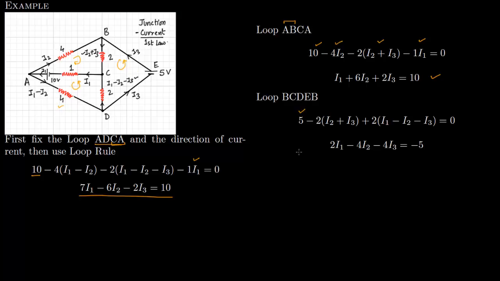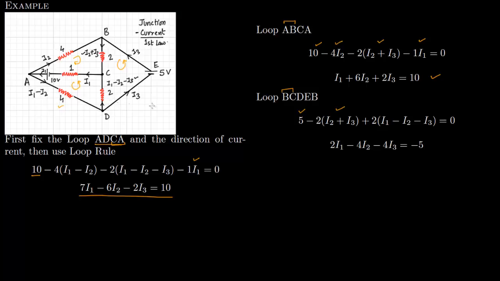So the battery is positive. Then you subtract 2(I2 plus I3), as you are going from B to C, the same direction as the loop.